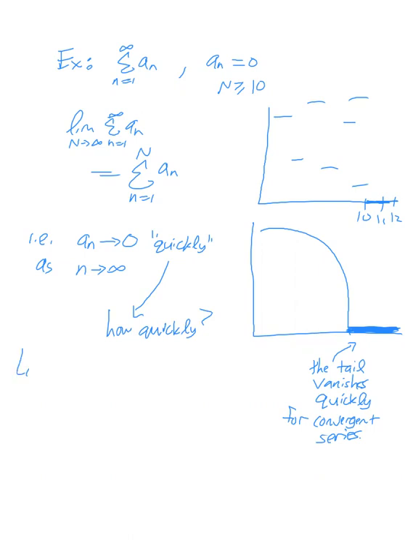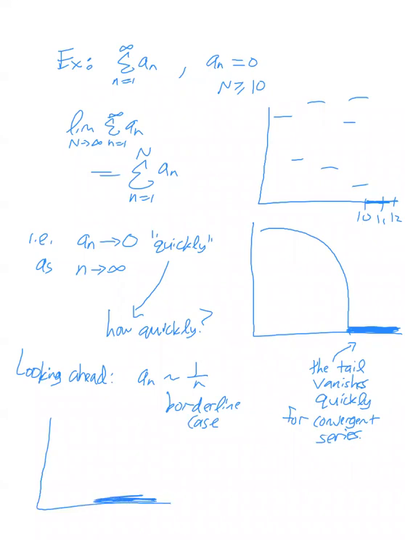So just looking ahead, this is the borderline case. If you have series that, like the previous one, converge very quickly, then you also have divergent series like 1.